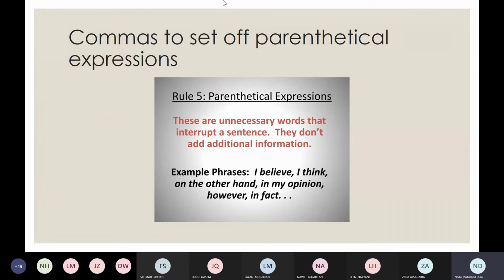I believe, a man should stand for his own rights. I can say a man should stand for his own rights, and I cannot use "I believe." So these are expressions used just to enrich the meaning, but they don't have any information. On the other hand, in my opinion, or however, they are like transitions.